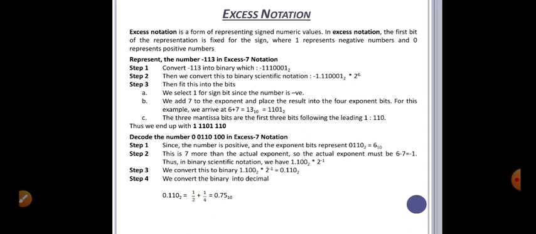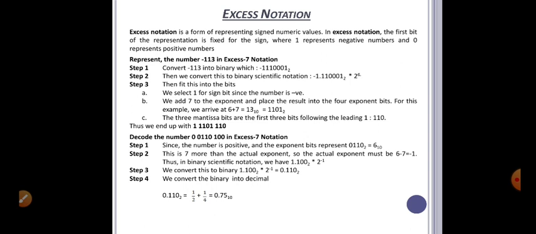It is 7 more than the actual exponent. Keep in mind, whenever we have to represent any decimal number in binary form by using excess 7 notation or excess notation, then we have to add that number. And if we have to decode any number, in that case what will we do? We have to subtract 7 from it, because the number is excess 7.